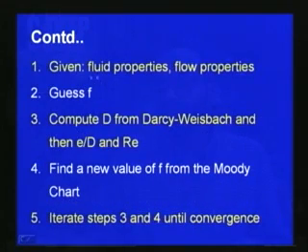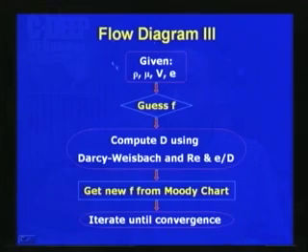Here the procedure is: given fluid properties and flow properties, we assume a value of f, then compute D from the Darcy-Weisbach equation, and then e by D and the Reynolds number, then find a new value of f from the Moody's chart, and then we will iterate between steps 3 and 4 until convergence. For this type 3 problem, the flow chart is given here.